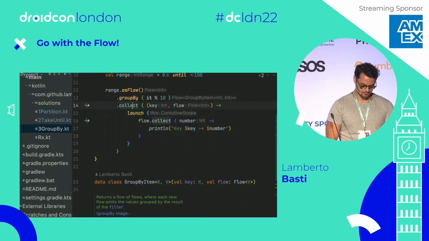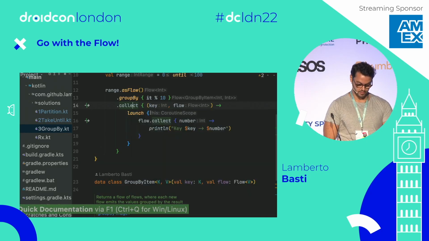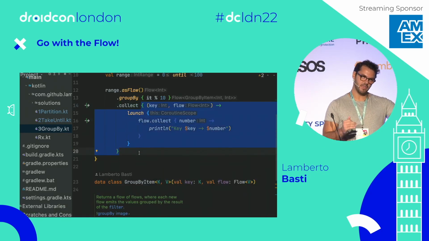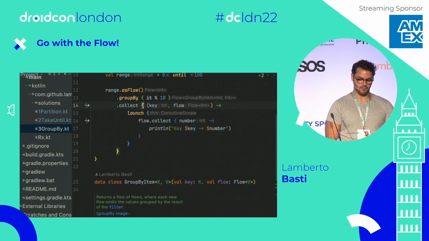Because this collect is not going to invoke the next lambda. So if the upstream flow emits 2 elements, but we haven't finished executing this for the first one, we're not going to start executing another one concurrently, all right?